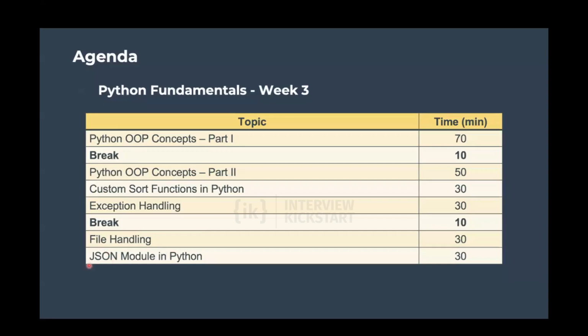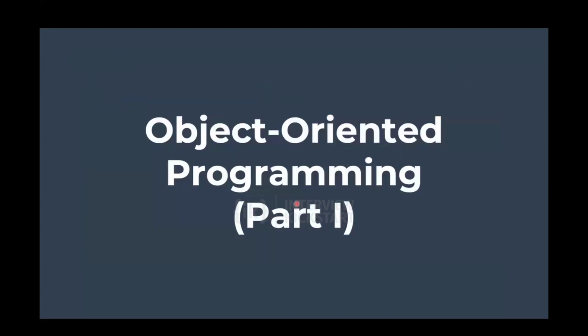And then we're going to learn about the JSON module in Python as well, and how to use it for serializing and deserializing text or strings to a JSON file. I think that's pretty much it. Let me know if there are any access issues or if there are any questions. But let's get started.